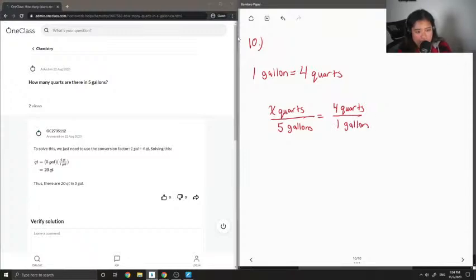And then if you look at the two sides, what we're looking for, which is x, is on top, and it's in quarts. And what we're trying to get rid of is the gallons, which is at the bottom. So if we simplify this and bring the 5 to the other side, you'll notice that the units should cancel out, and that's how you know you converted it successfully.